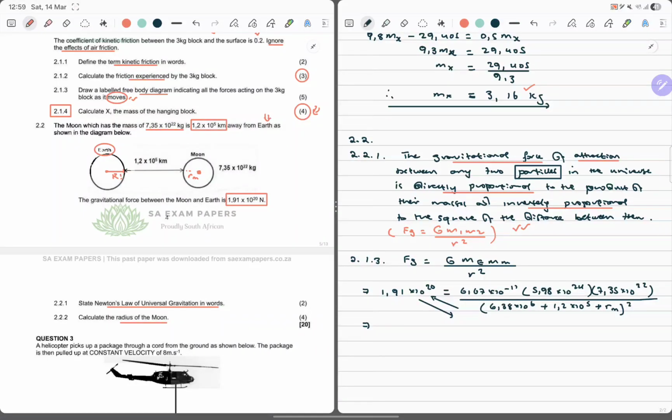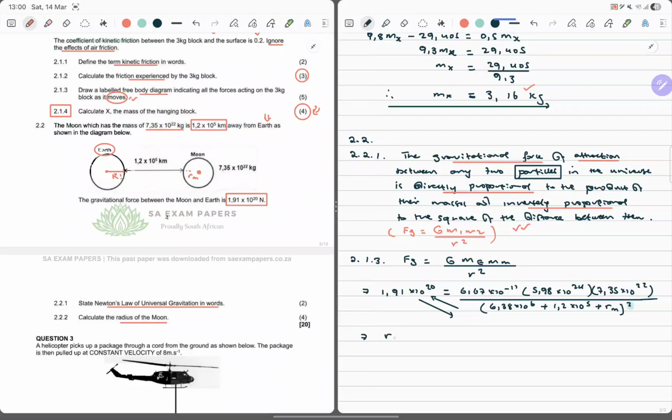At the same time, you know that there's a square here, so we might as well take the square root. If we move this thing there and take the square root, this comes up as it is, but we take the root of everything else. I don't have time to waste.